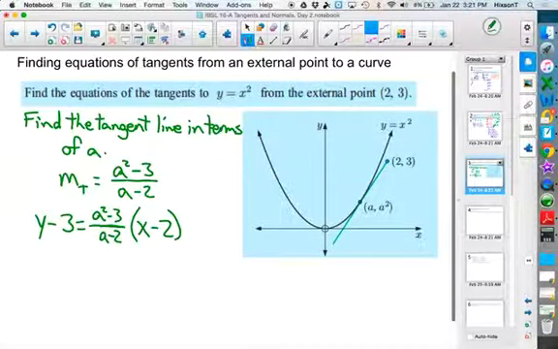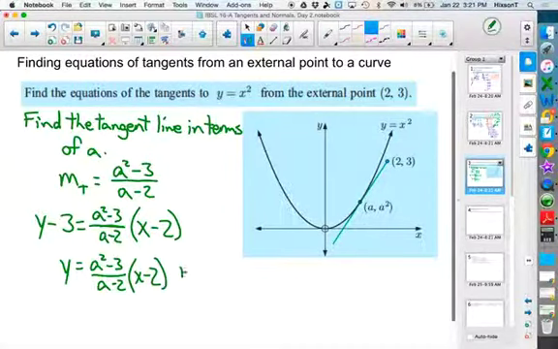So that right there is my tangent line. I'm not going to simplify too far yet. You could, it's just preference here. So (A squared minus 3) over (A minus 2) times (x minus 2), and then I'm just going to put this plus 3 at the end.